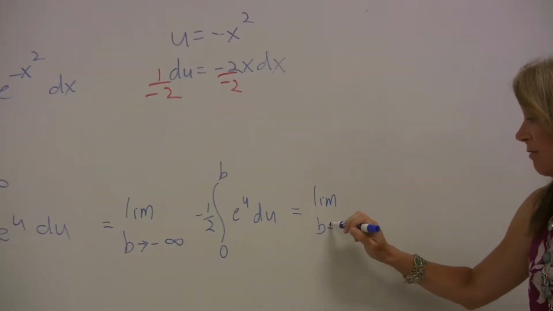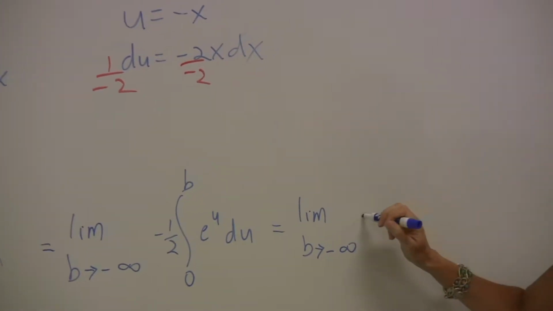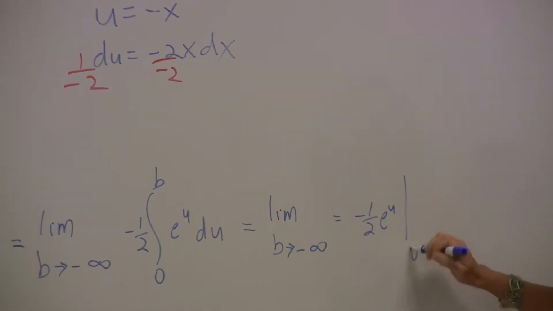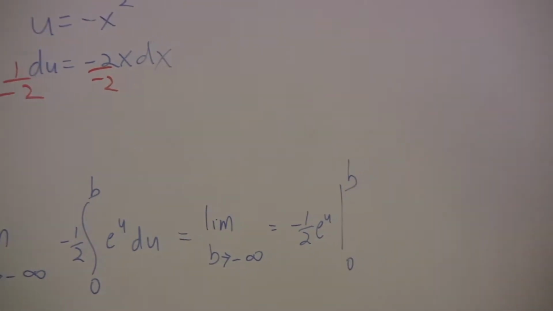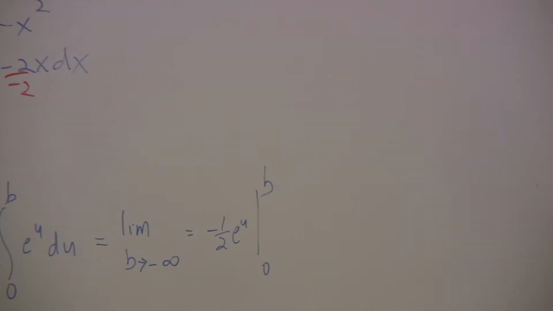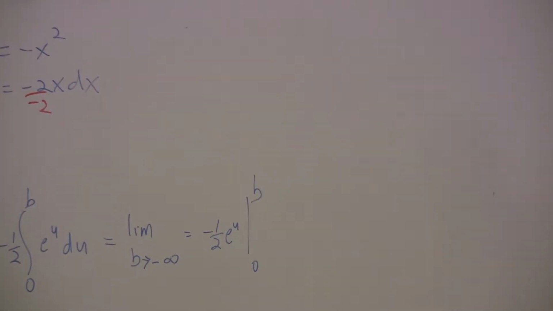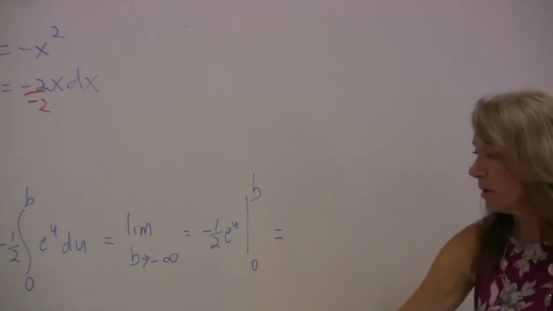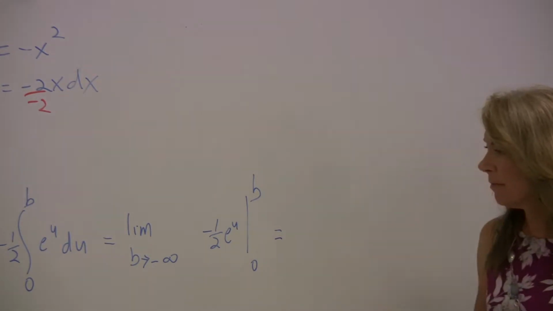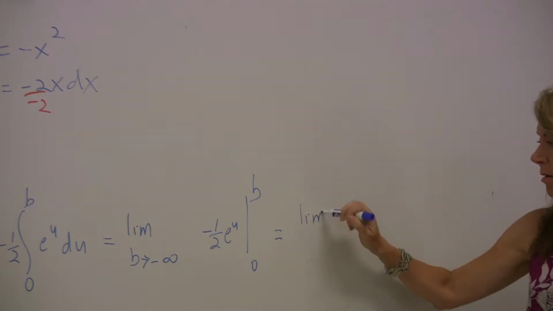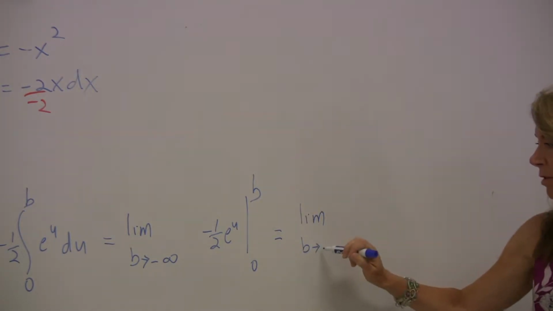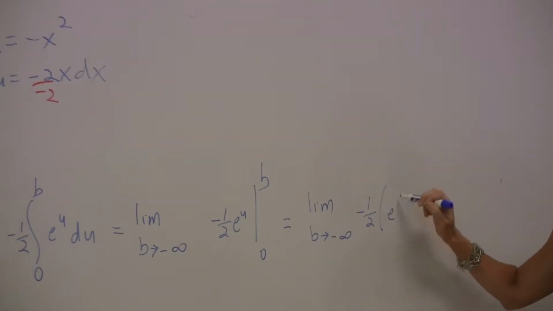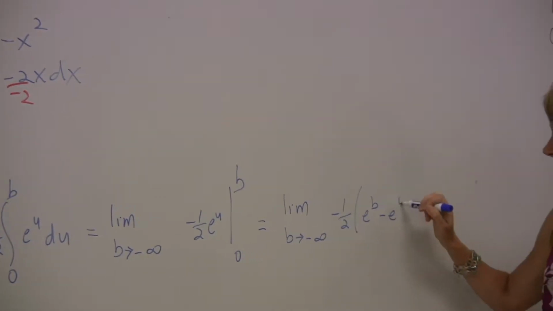What's the integral of e to the u? E to the u. So I have negative 1/2 e to the u evaluated from 0 to b. So then it's the limit as b approaches negative infinity of negative 1/2 times e to the b minus e to the 0.